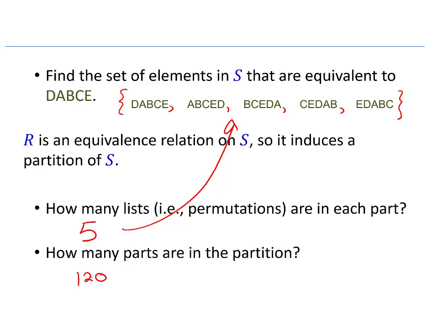Each part has 5 permutations in it. So when I take 120 divided by 5, I get 24. So it turns out that if I make the partition based on this relation, then my partition consists of 24 parts, and each part has 5 elements.